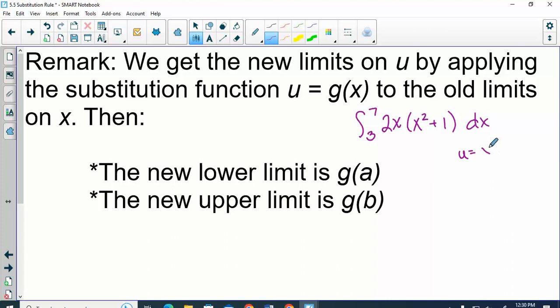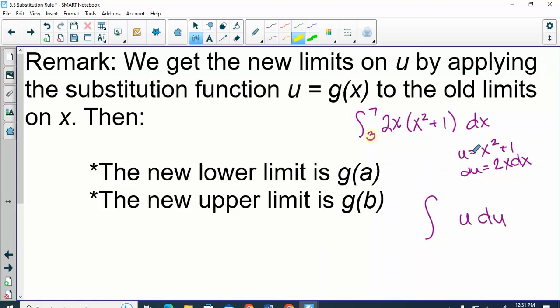So our u is x squared plus 1, and what's du? 2x dx. So one way would be to go ahead and rewrite this and say, okay, that inside is u, the 2x dx is the du, and go ahead and change the 3 and the 7.